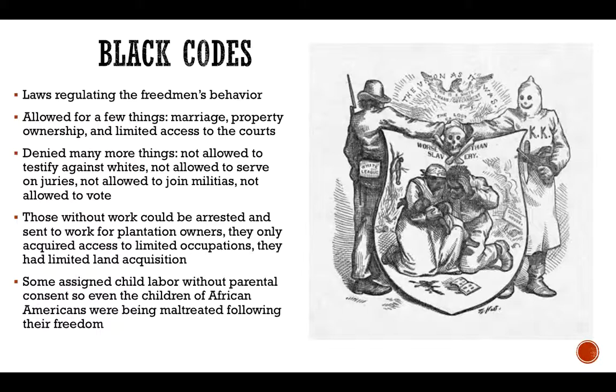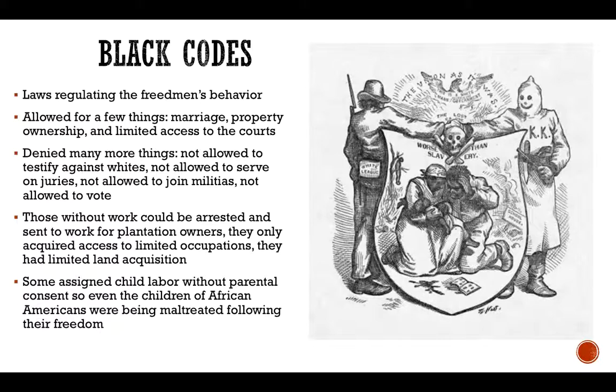Those without work could be arrested and sent to work for plantation owners. So because of the limited access to occupations and because of the limited access to education, many people were unable to find work and were then forced to go work for many of the same people who had enslaved them to begin with.